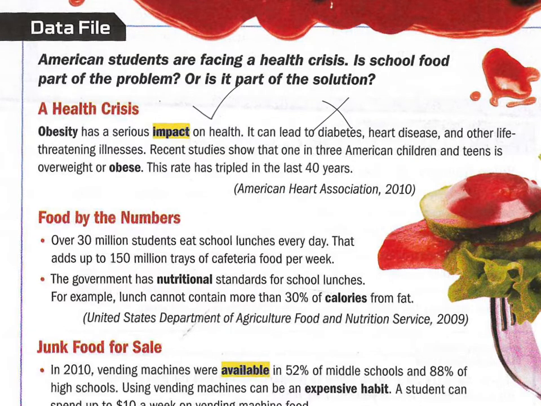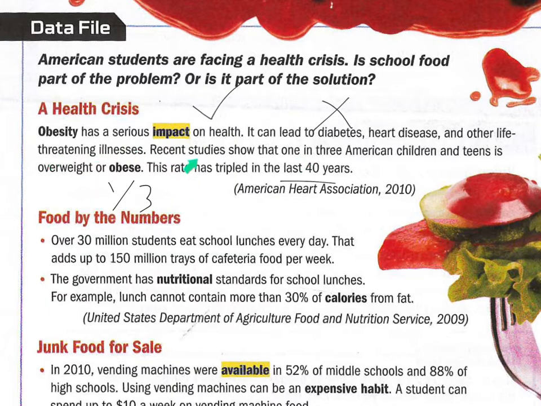So the statistic is saying that 1 out of 3 children and teenagers are overweight or obese, and that has gone up a lot in the last 40 years. Okay, so would you say that this is saying that junk food is your right, or junk food should not be at school, is wrong at school?